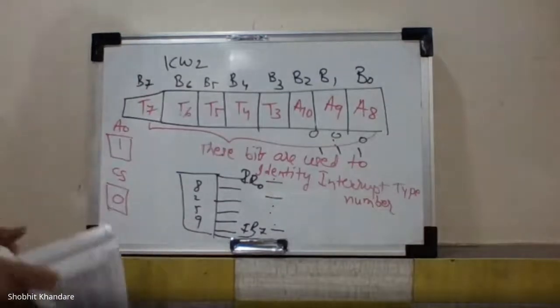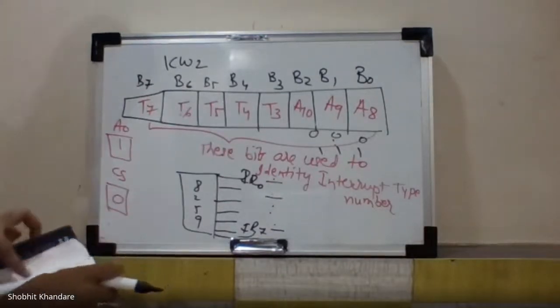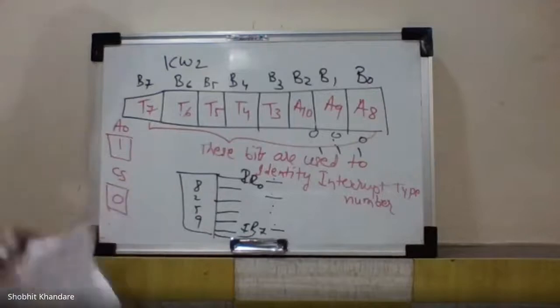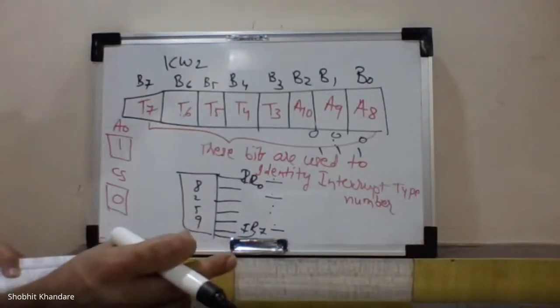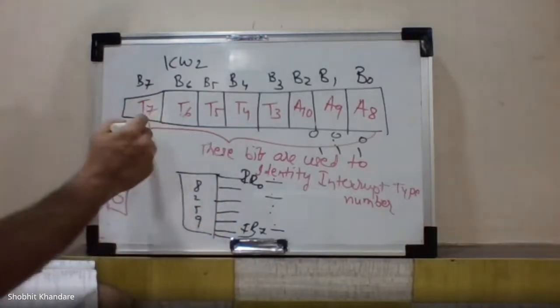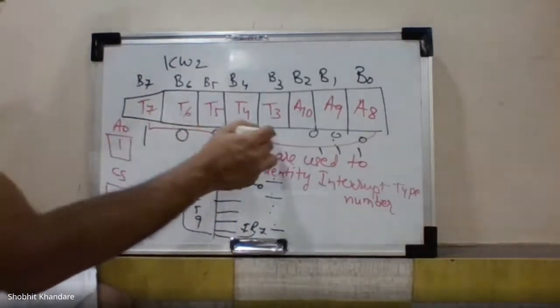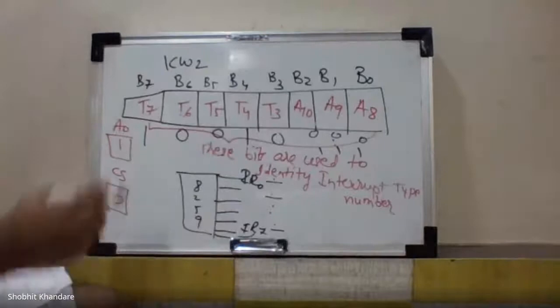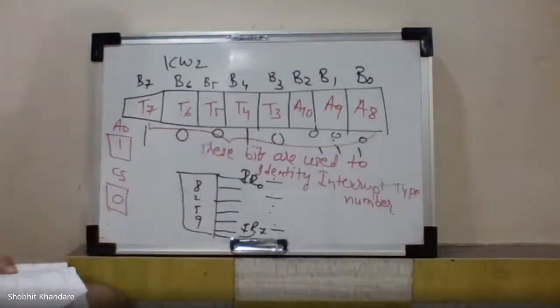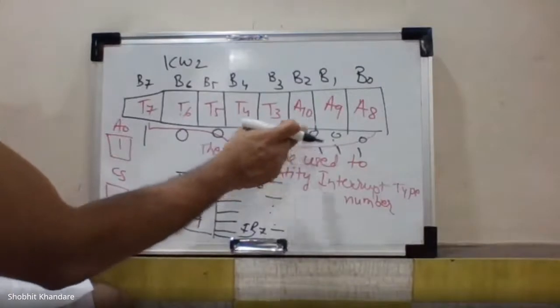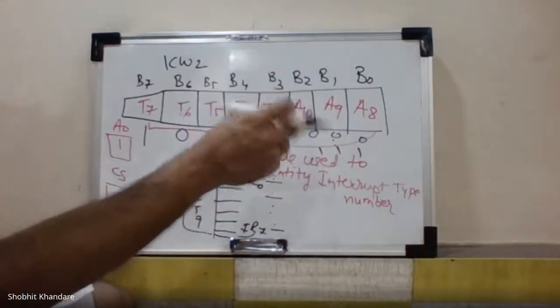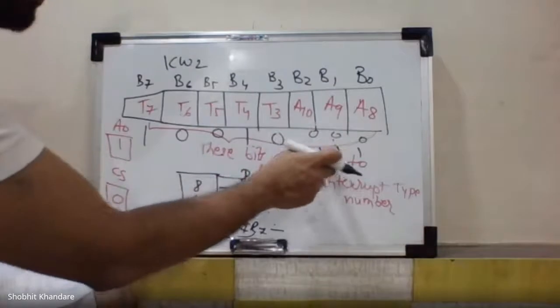I will take the same example which is given in the textbook. The example says that if I am taking the bits T3 to T7 as 10010, so it is 10010. Okay, so 10010 is programmable, and these bits will vary, or they are inserted by 8259, from 000 to 111.